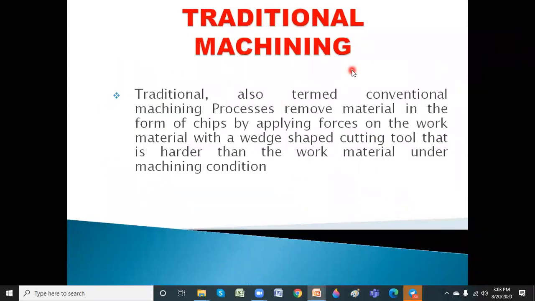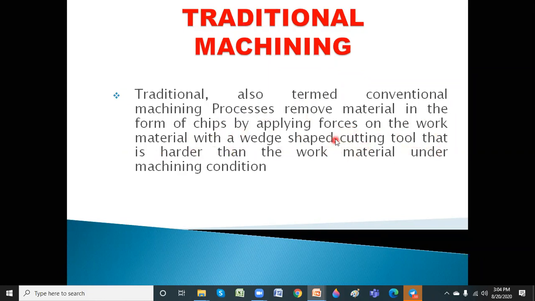For this particular class, I'll take traditional machining. What is traditional, or conventional, machining? Traditional machining processes normally remove material in the form of chips, by applying forces on the work material with a wedge-shaped cutting tool.